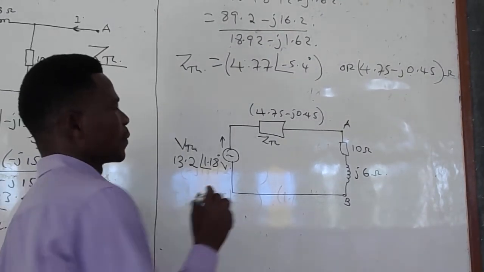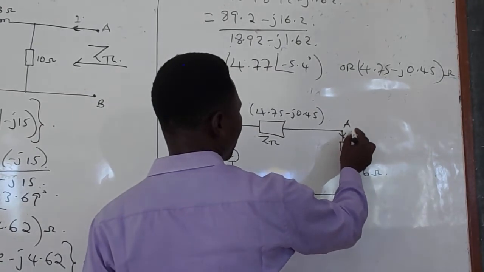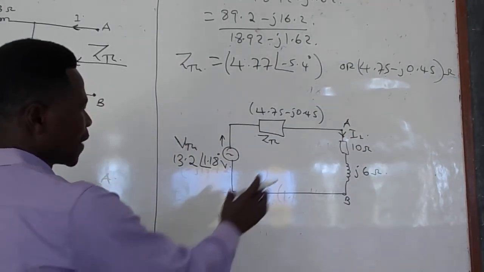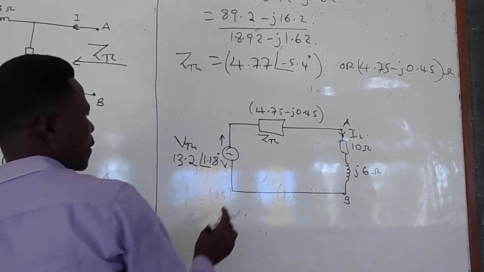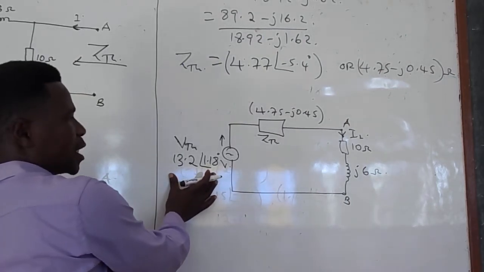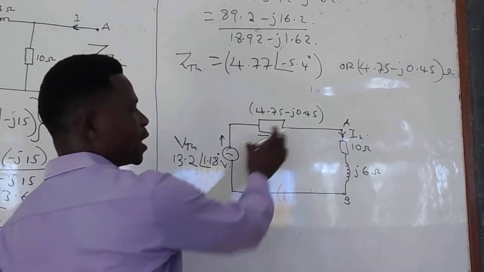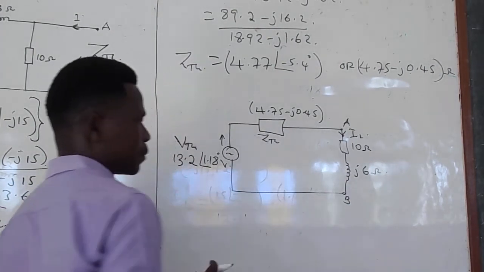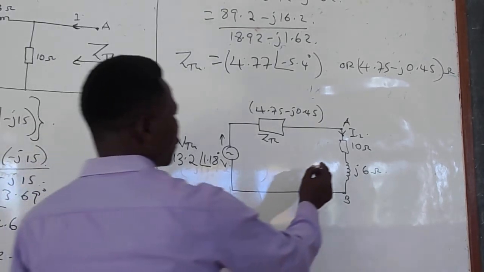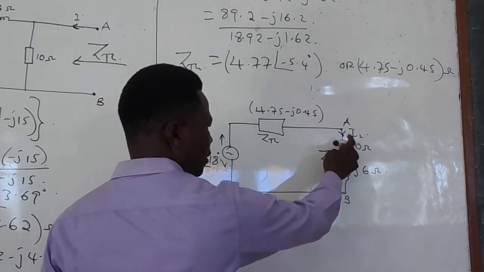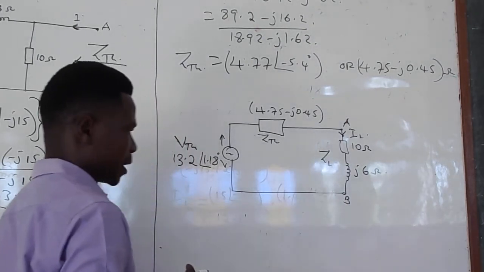And the current across terminal AB will be in that direction. We can call it the load current. So if you look at the nature of the circuit now, the Thevenin's impedance is supplying the two impedances, the Z Thevenin and the load. The two combined will give me the load impedance, ZL.